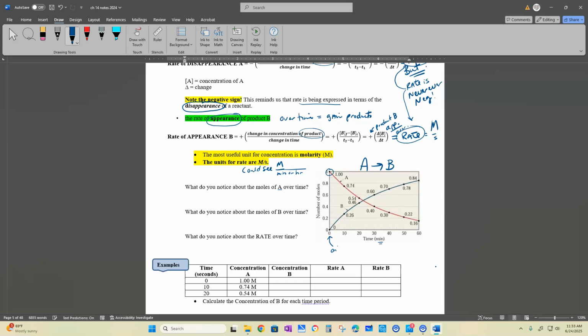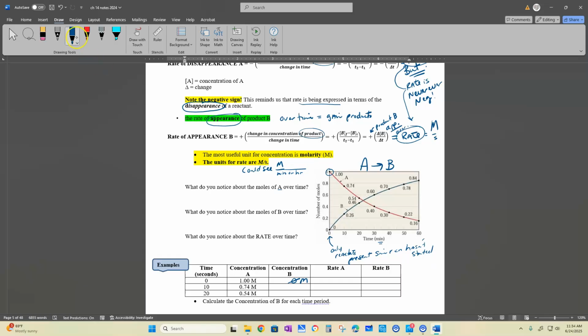So at time 0, only reactants are present, since the reaction hasn't started. Okay? So at time 0, let's say instead of moles, I say molarity, I don't have any concentration of B. Okay? So then the reaction starts.